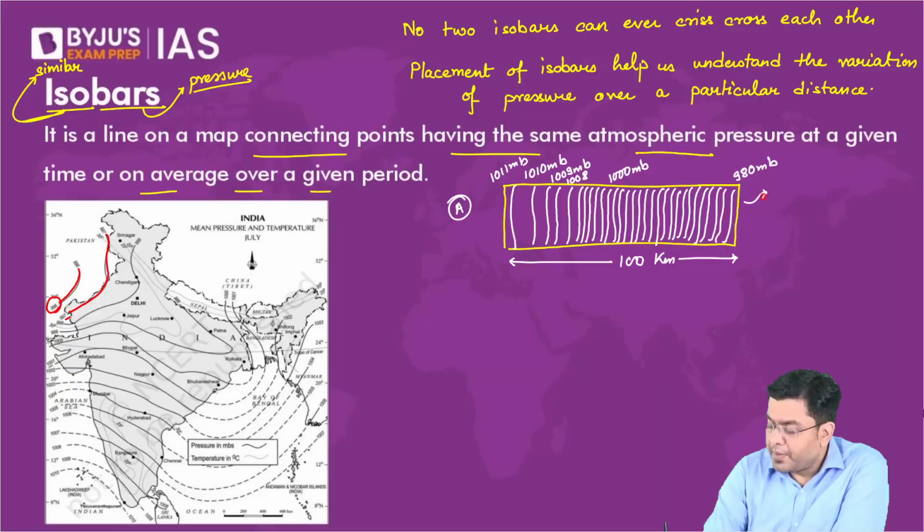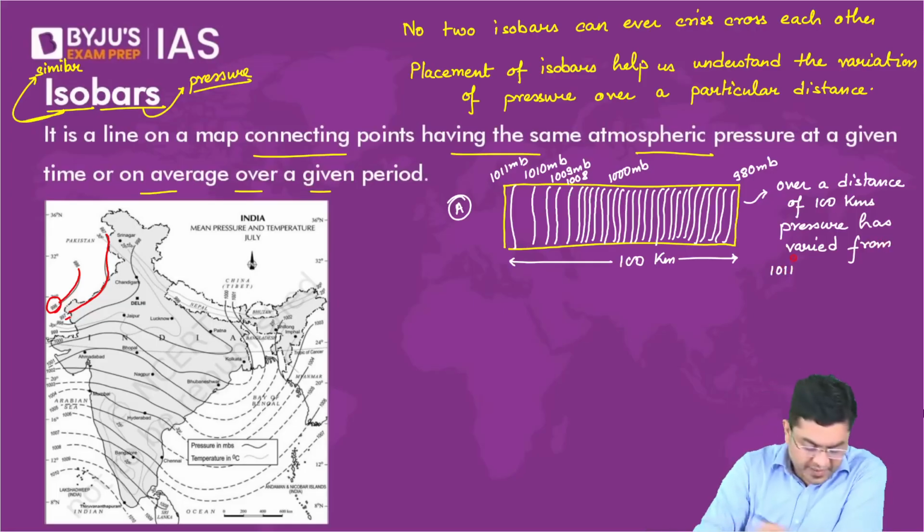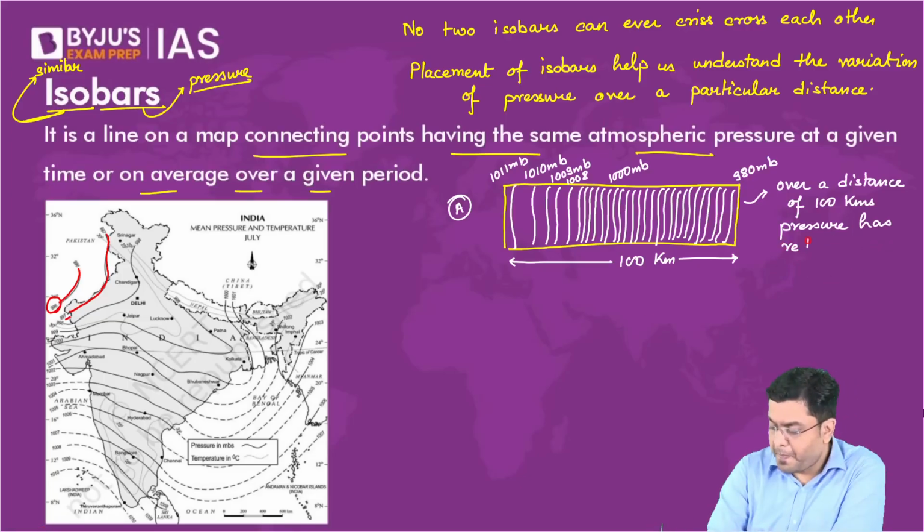So here, over a distance of 100 kilometers, the pressure has reduced from 1011 by 31 millibar.